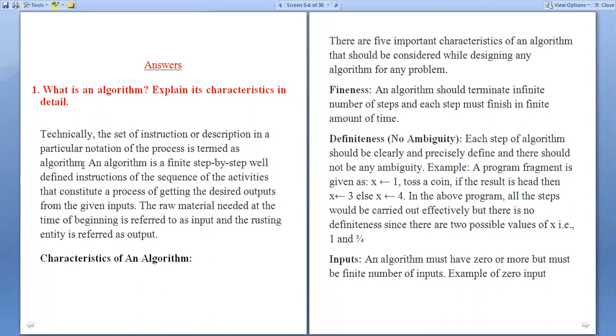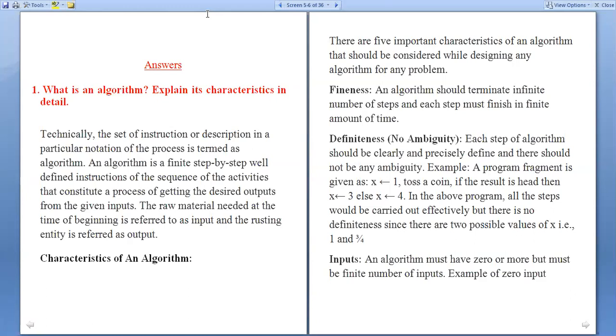An algorithm is a finite, step-by-step, well-defined sequence of instructions that constitutes a process of getting the desired outputs from the given inputs.